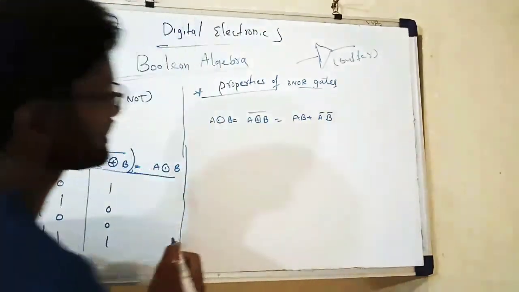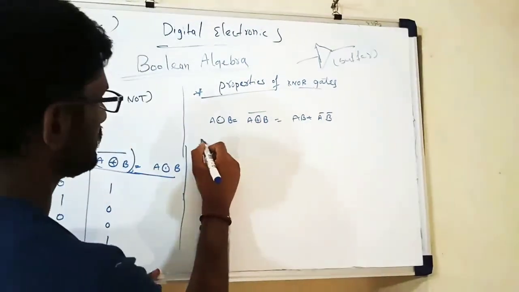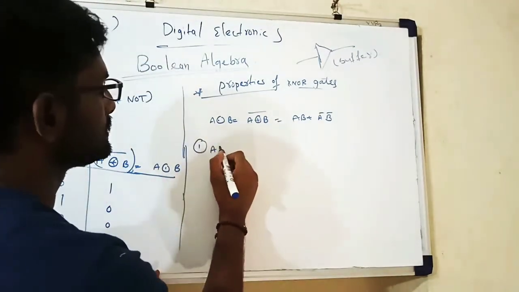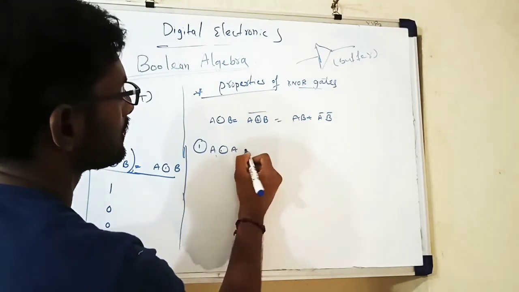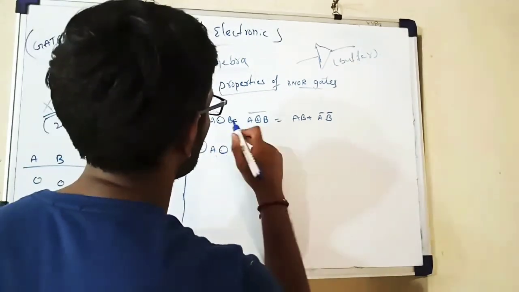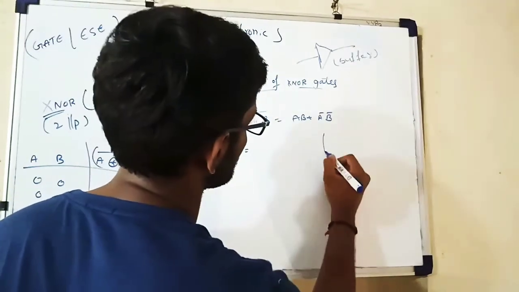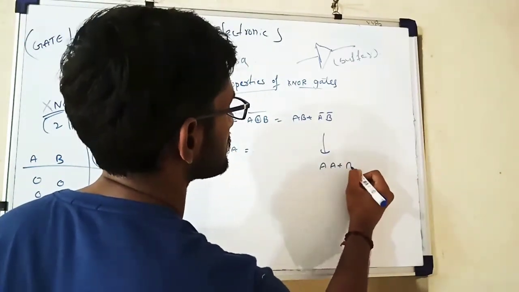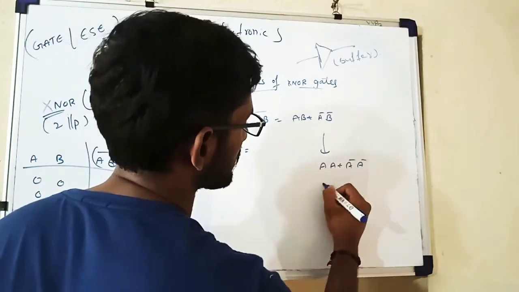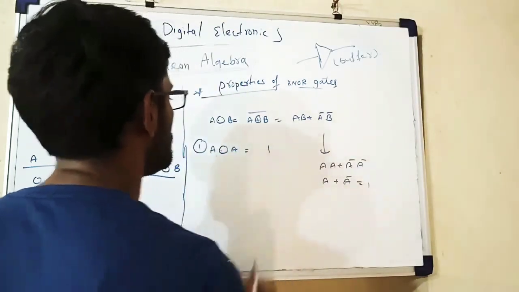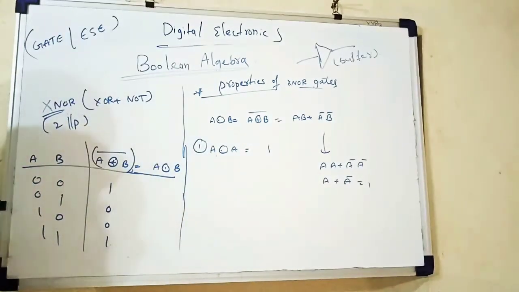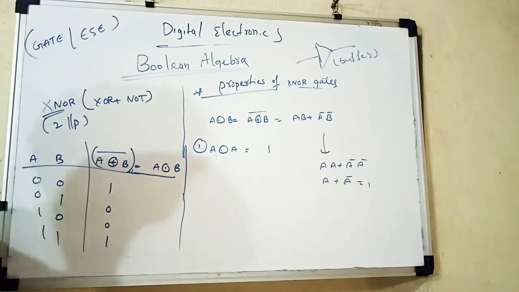You can simplify this by using the XOR gate. Now I am writing the first property as A XNOR A. Let us substitute the value of B as A. We will write this as A into A plus A bar into A bar. A bar into A bar is nothing but A bar, so this equals 1, which is nothing but whenever an even number of the same are present, we will get 1.